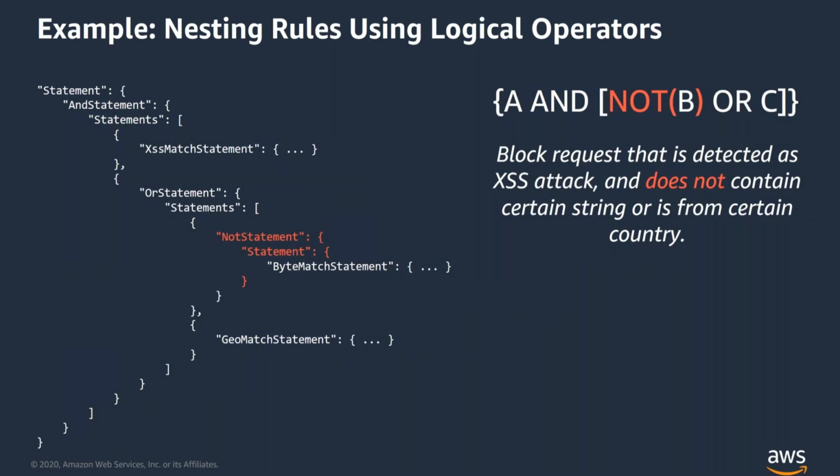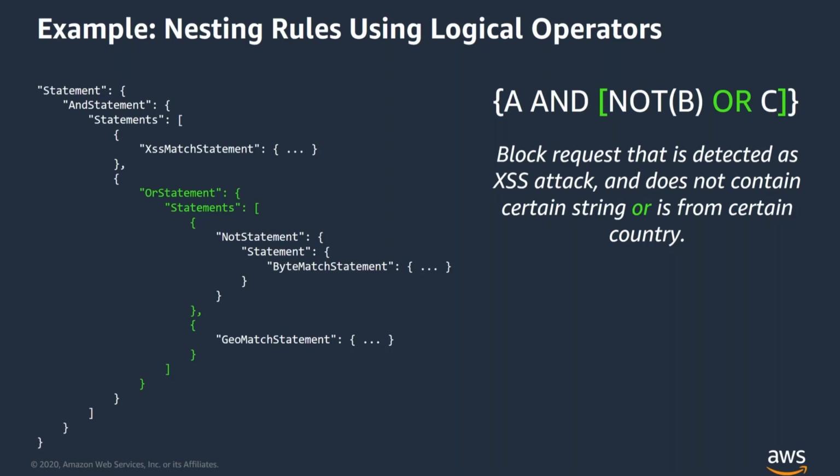In a NOT statement, it will simply reverse what's inside that statement, meaning that it will look at the opposite match condition that you specify within it. In green, we have the OR statement, where it will perform the OR logical operation between the two statements that you provide.